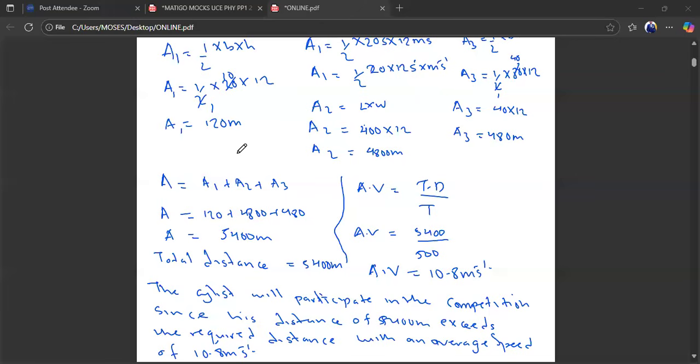Should we follow a scale or not? There is no need of following the scale.